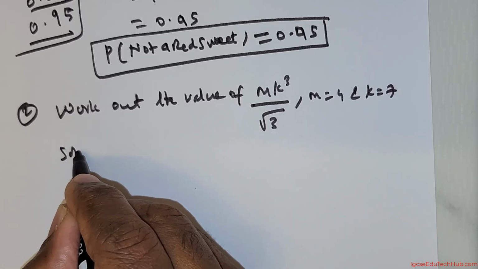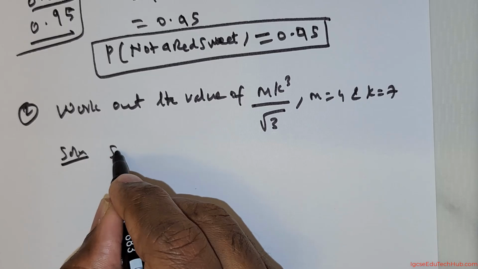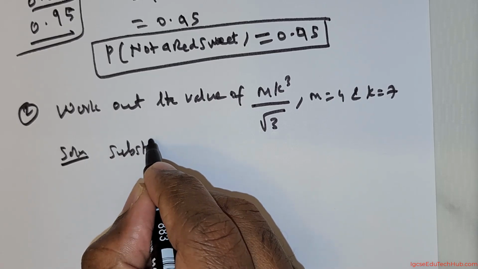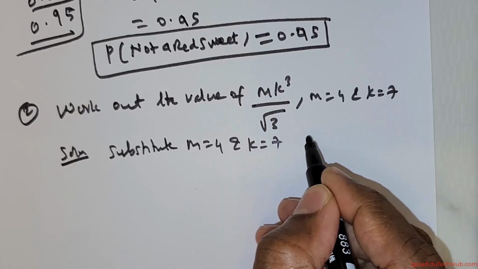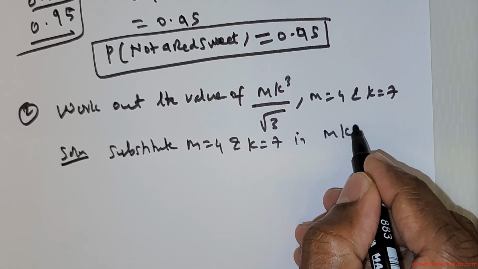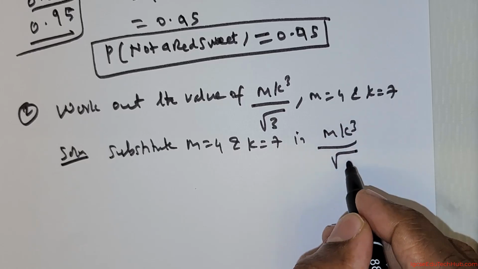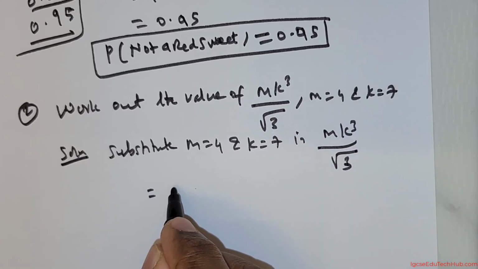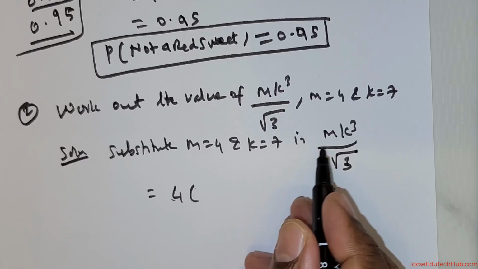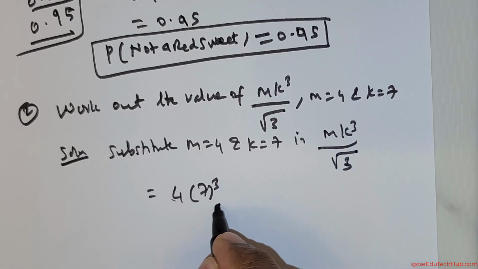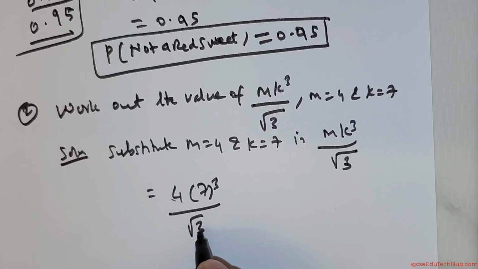So what we have to do in the solution is substitute m equals 4 and k equals 7 in mk cubed over root 3. So 4 times 7 raised to the power of 3 divided by the square root of 3.